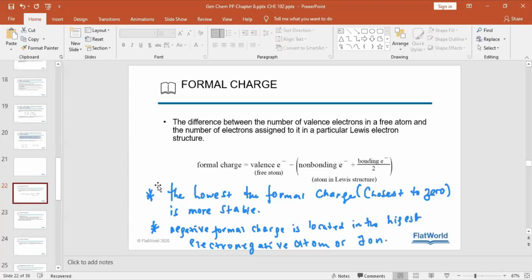These are the two criteria, and that would be the best litmus test to determine the formal charge.